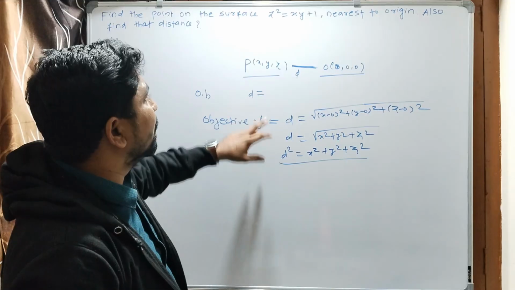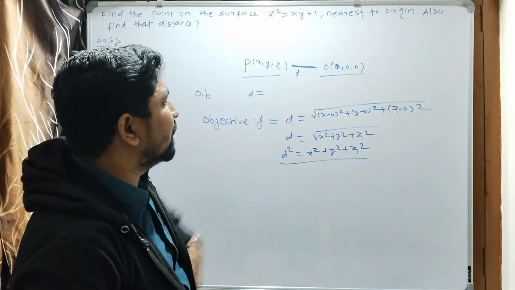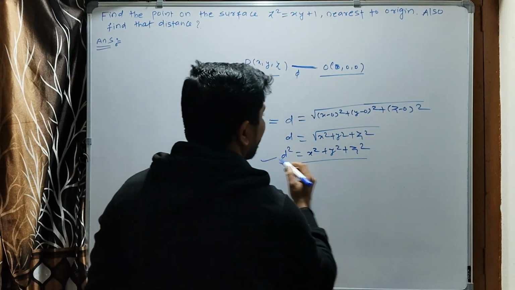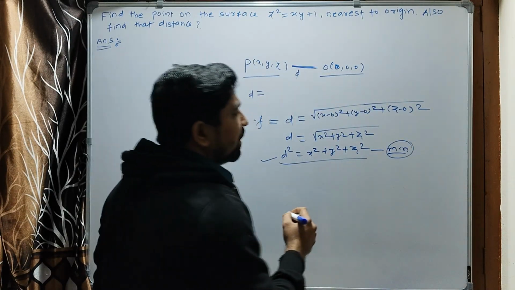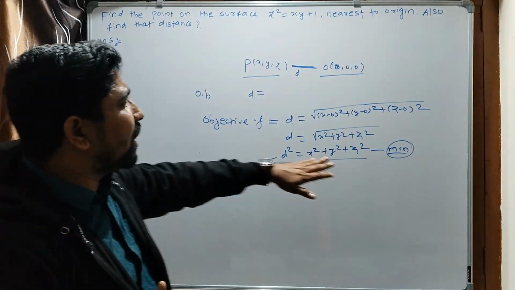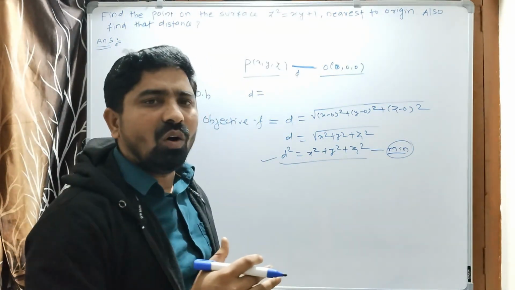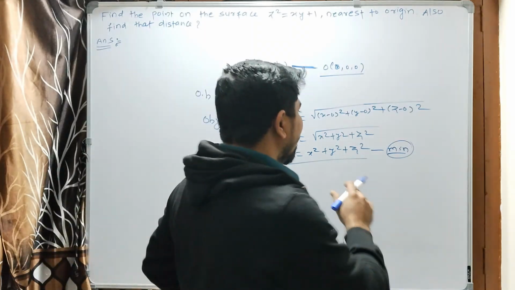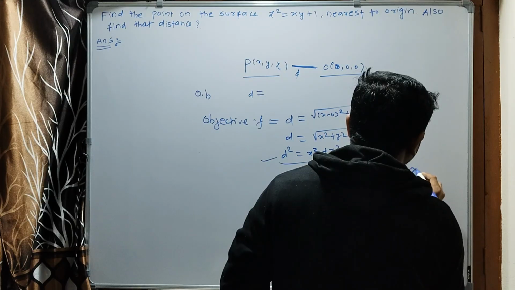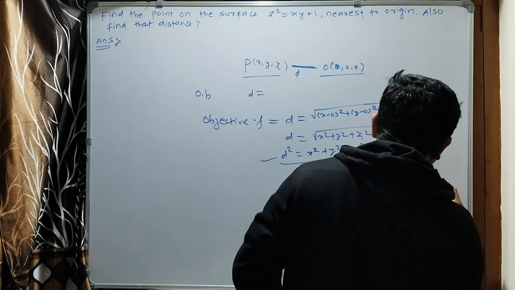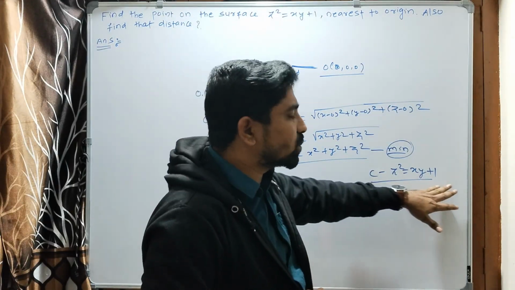This is my objective function. I want to find the coordinates of P, x, y, z, such that this distance is minimum. This is my objective with respect to the constraint. My objective has some bound, and my constraint is the surface z square equal to xy plus 1.